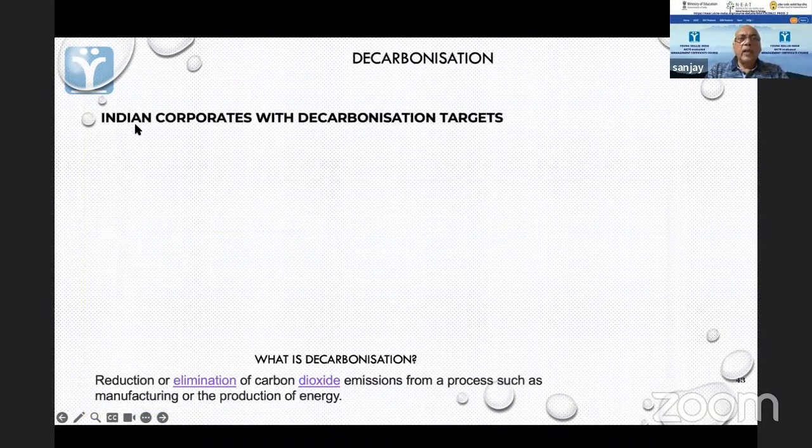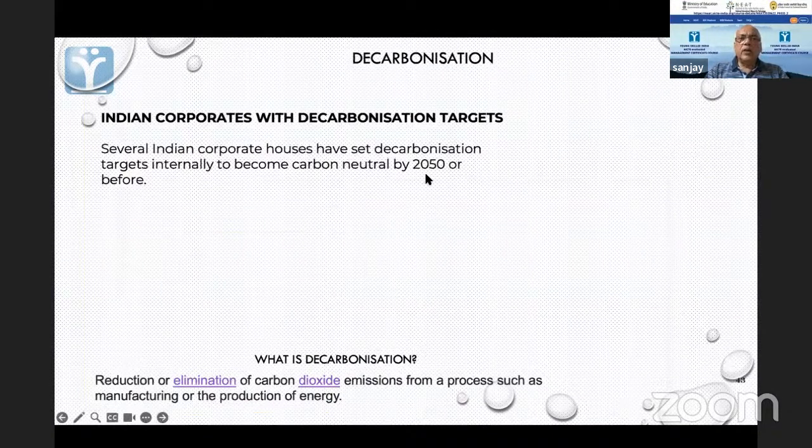Now, at least we've come to a stage in India where all our big companies today have targets for decarbonization. By 2050, this is a target for a number of companies. What they are trying to do is take back from the atmosphere the amount of carbon that they actually emit into it, and become carbon neutral. And who are these companies?